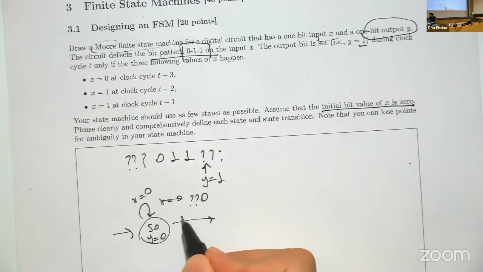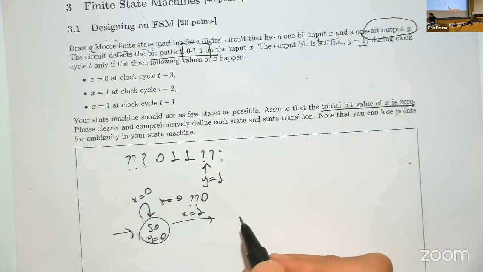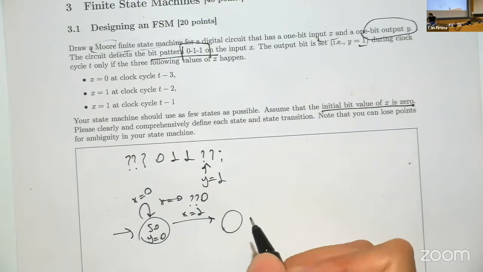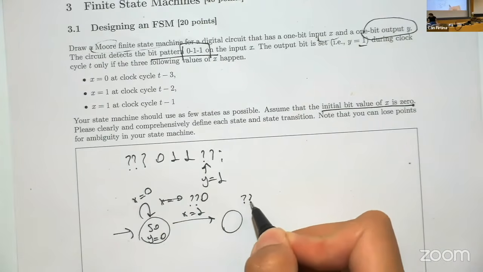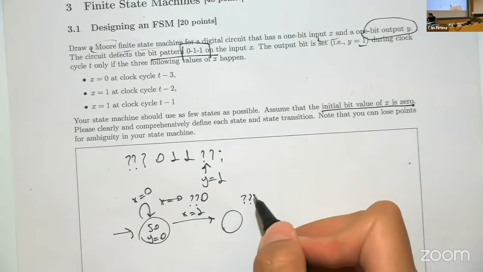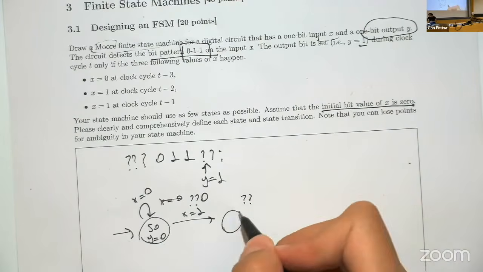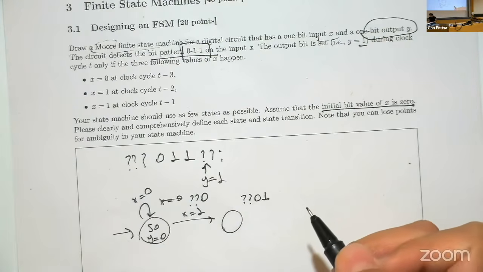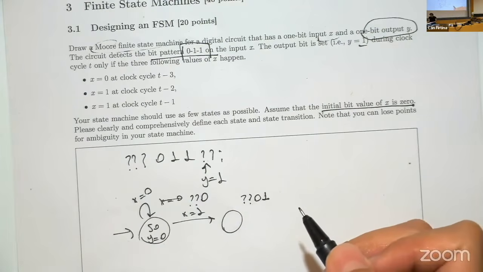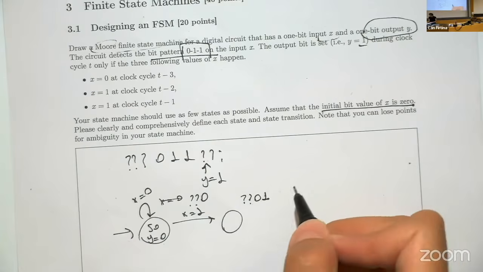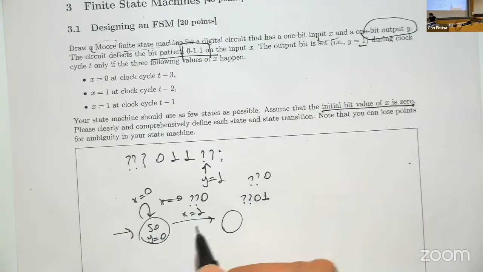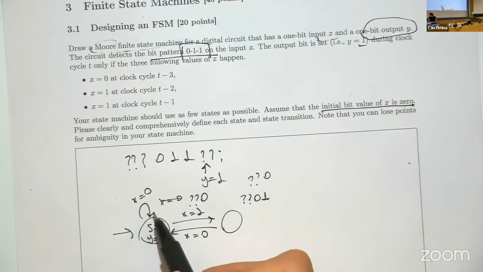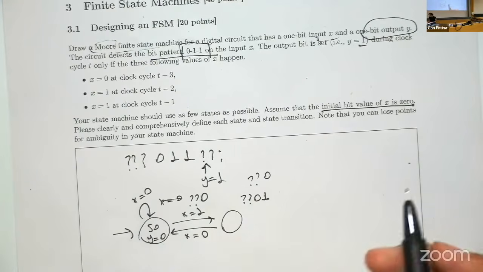But if your X equals 1, then you go to another state, which just describes a pattern where the initial bits are not important, but it ends with 0, 1. So in this one, if you got any 0, then your pattern becomes something 0. So you have to go to this initial state where the last bit you observed is 0.